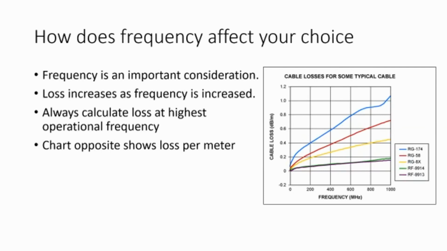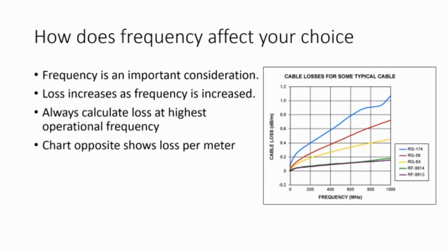The chart opposite I pulled off the internet, and it shows RG174, which is the really thin coax that you'd use maybe for some of the mag mount antennas. The wee small ones use that, or you might use it for a wee patch cable. You can see the loss, and that is loss per meter. At 200 megahertz, it has 0.4 of a dB per meter, and up at nearly 23 cm, at 1000 megahertz, it is over 1 dB per meter.